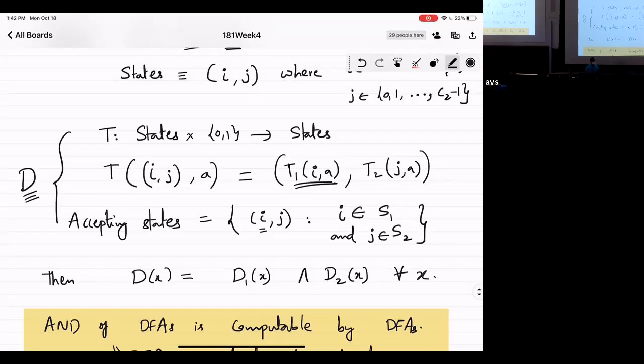Exactly, right? So pretty much the entire thing stays the same, and the only thing we need to change is the definition of accepting states, right? As long as we have the entire behavior of the two machines simulated in parallel, we can change what we do at the very end as required.